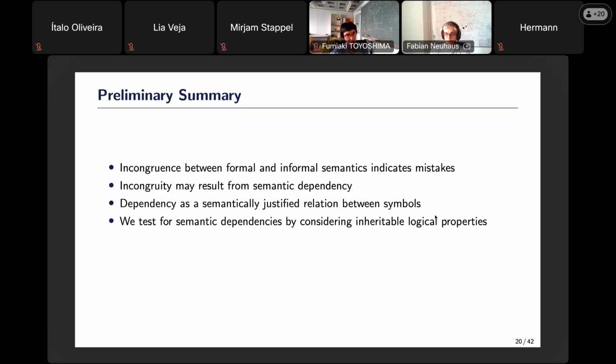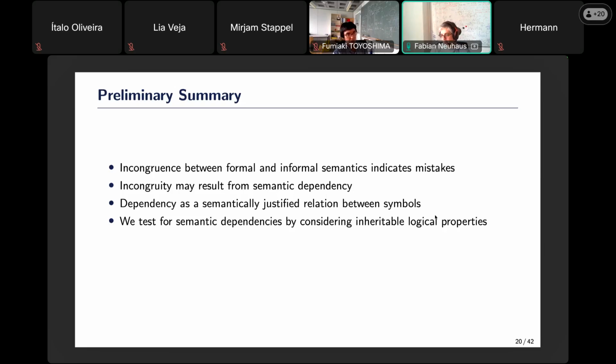The logical properties in our cases were that a class is empty, or the class denotes the universe of discourse, or the class grows, and then we see what consequences that has for other terms in the ontology. By using these kinds of tests, we can check for semantic dependency, and then use groups of semantically dependent classes and look there whether they lead to semantic incongruity.